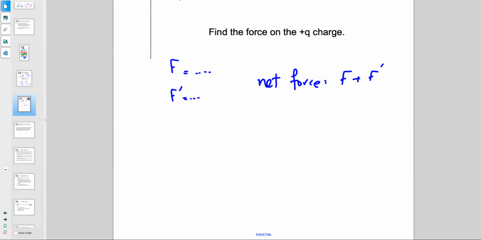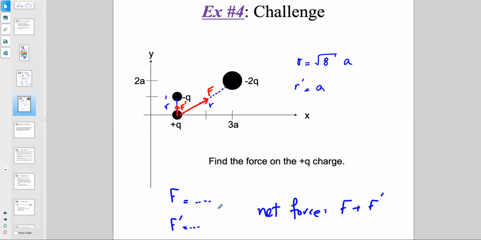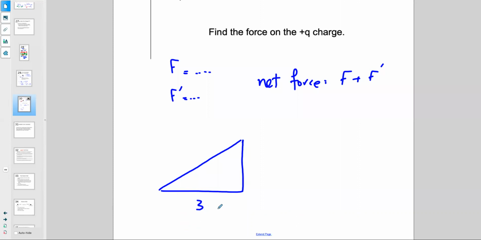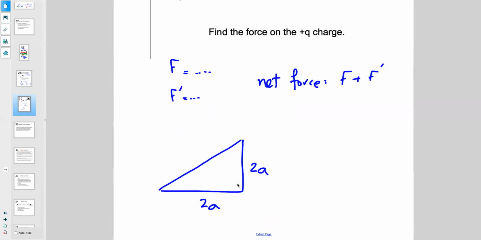Okay, so what you have here is this. You have a triangle. All right. This is 3A. This is 2A. And this is 2A. And this is 90 degrees.